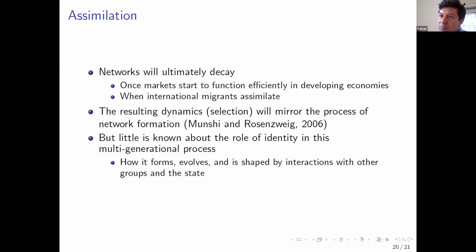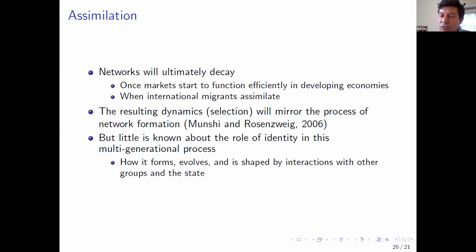But a very important part of this process of network decay is to think about identity. Once networks are established, once these communities have been in place for a long time, they will instill in their members a particular identity. And we know very little about how such identity forms, how it evolves, and in particular, how it is shaped by interactions with other groups, as well as with the state over time.